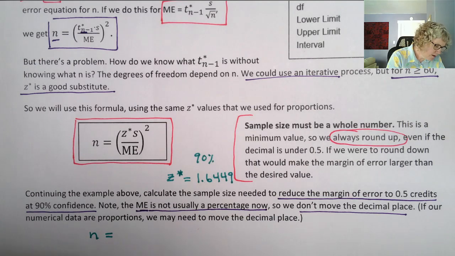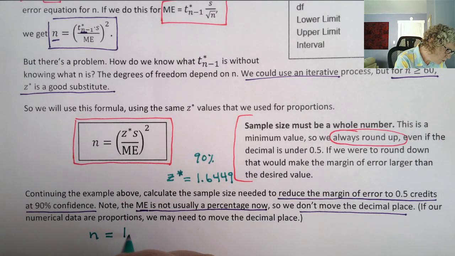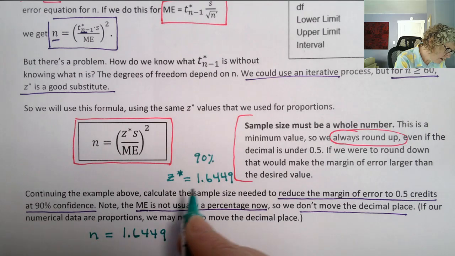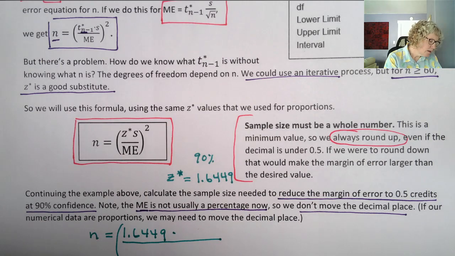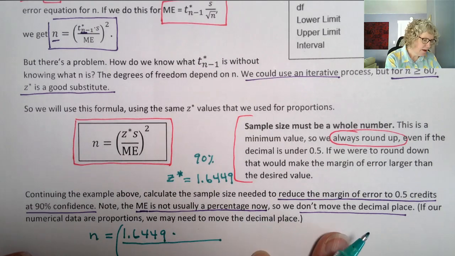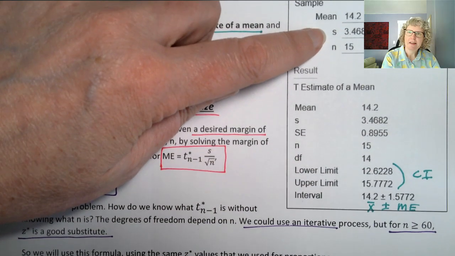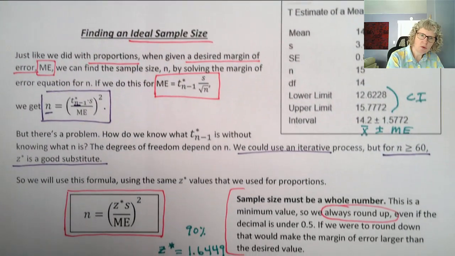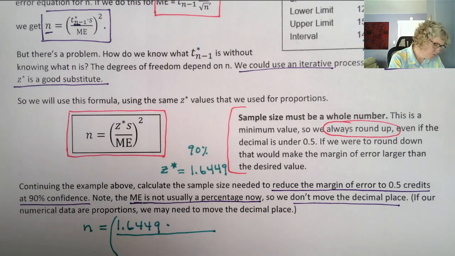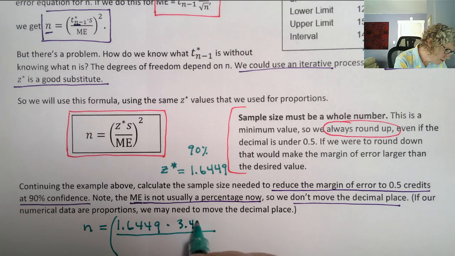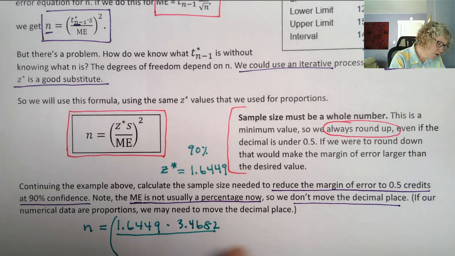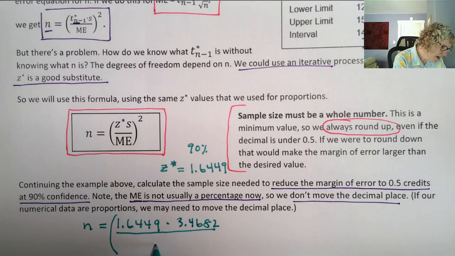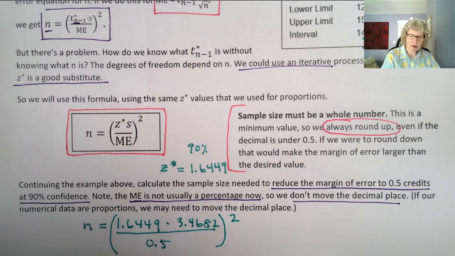So n equals 1.6449 times s, and I happen to have our GeoGebra result here on this page, 3.4682, over the margin of error, which is half a credit, and the whole thing squared.